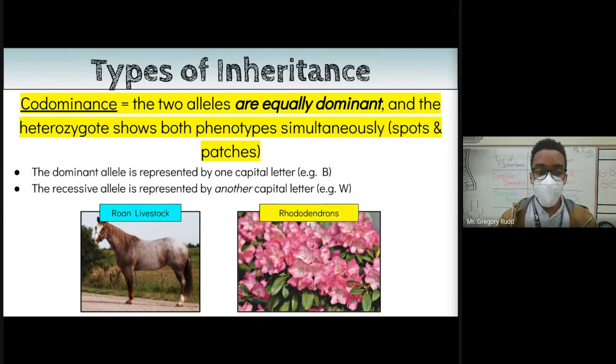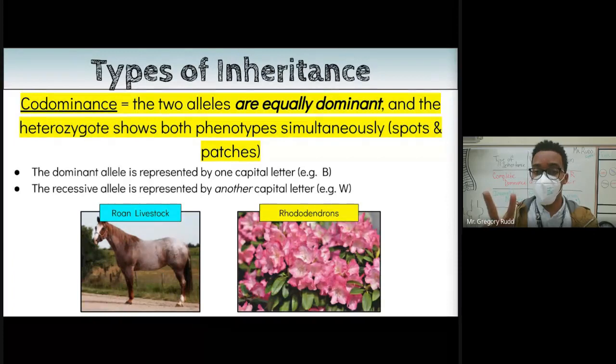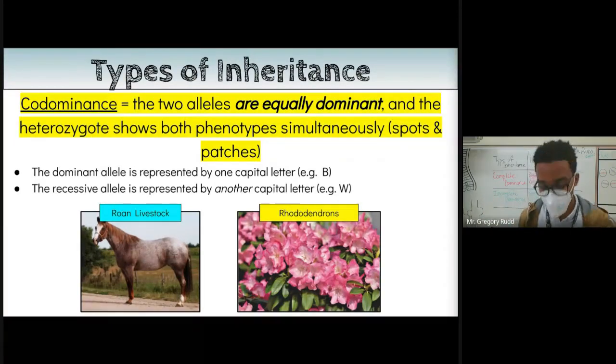And the heterozygote in this case will show both phenotypes simultaneously. So this could look like spots or patches. And in some cases of livestock, you might hear the term roan being thrown around. The notation in this case is that we use two different letters. They're both capitals, but we use two different letters.